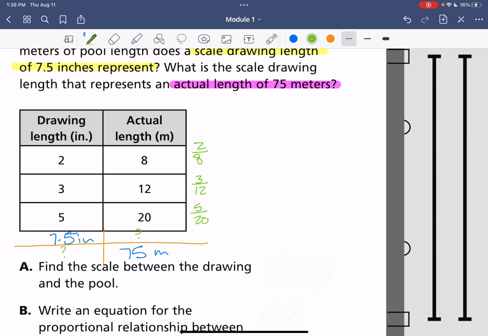And when we simplify those, what do all of these fractions simplify to? Yeah, it's going to be 1 inch for every 4 meters. 1 inch for every 4 meters is our ratio here. So 1 inch to 4 meters is our scale.